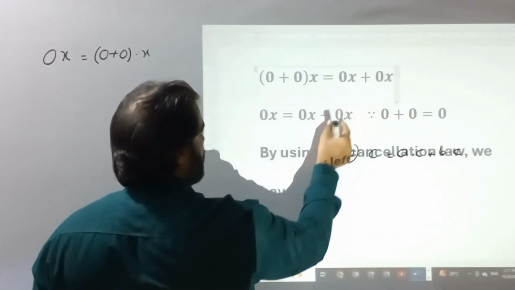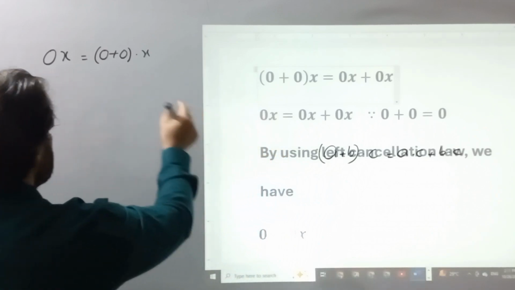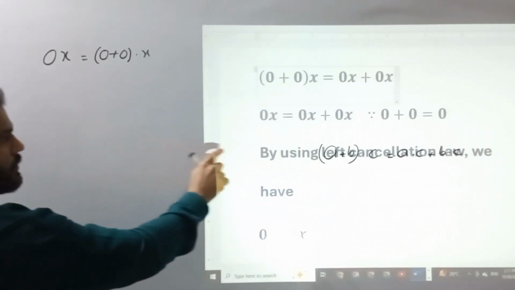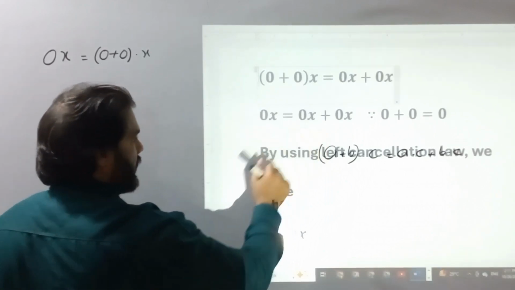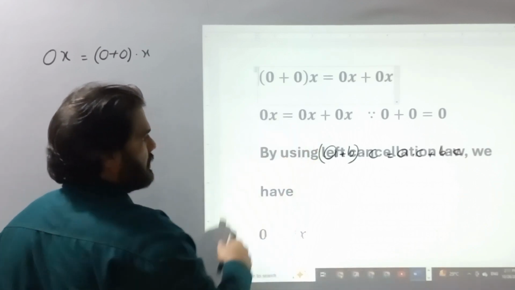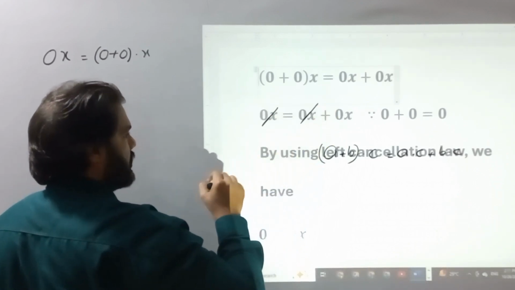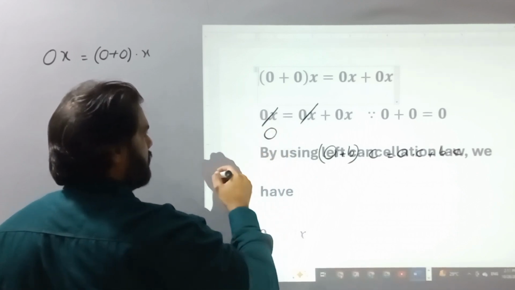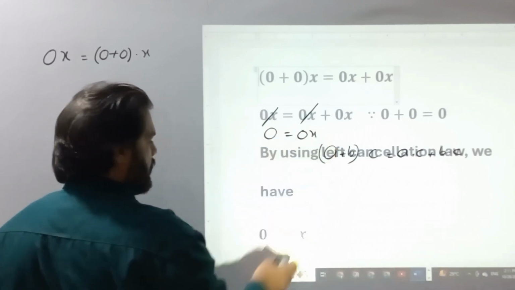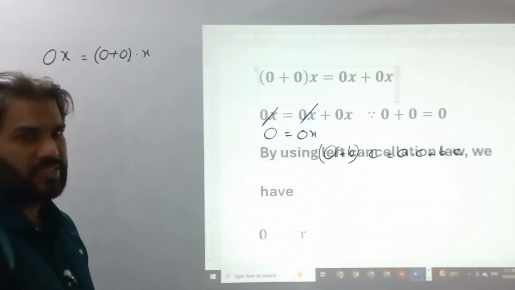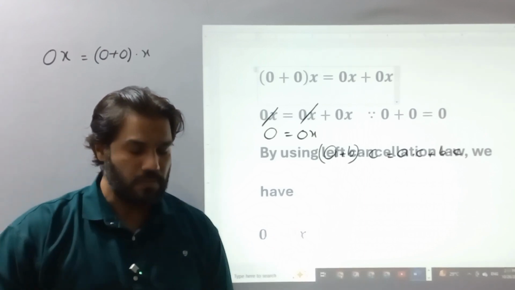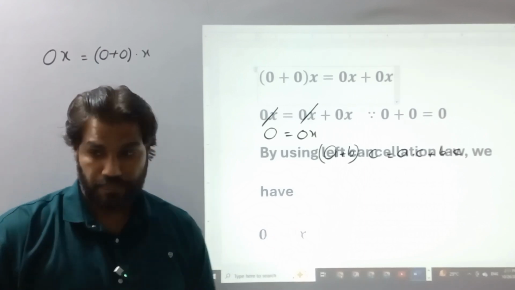So 0x plus 0x is equal to 0x, because the left side is 0x. Next, by using the left cancellation law, 0x will be cancelled with 0x. So here there will be 0 equal to 0x. That is what is required to prove, 0x is equal to 0. So this is the first axiom.